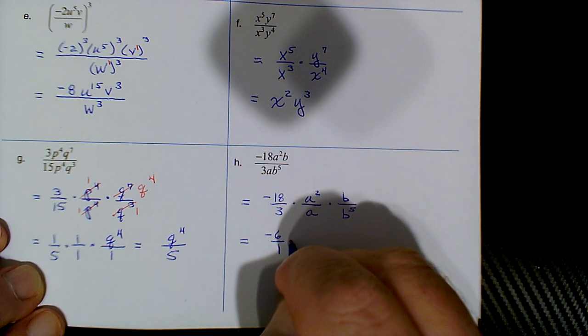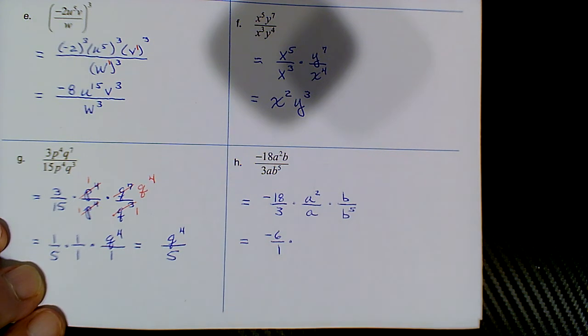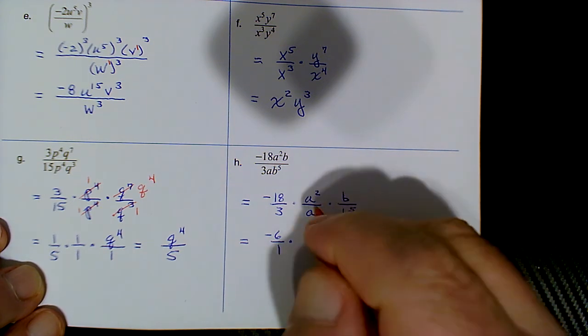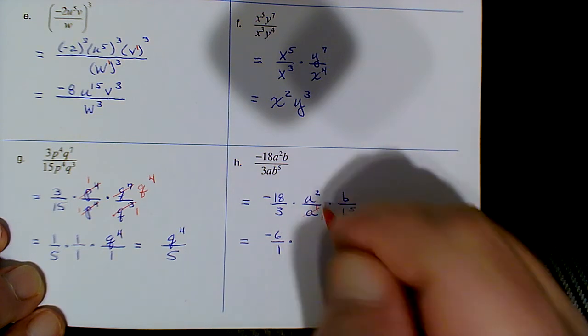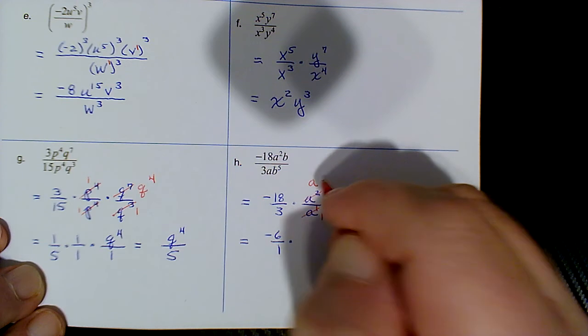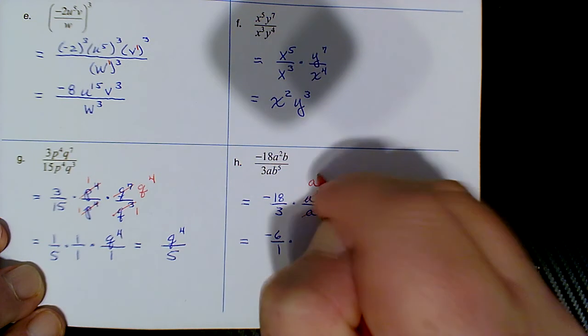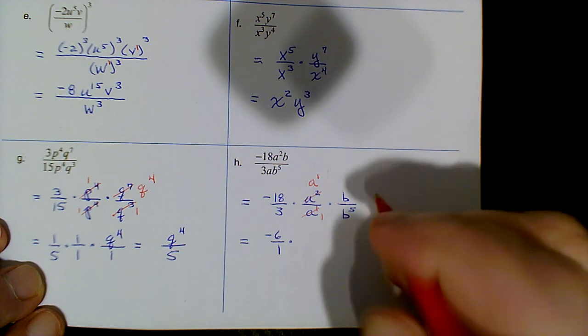Okay, now here, again, you can think about division of common bases, but I'm going to think about it in terms of cancellation, and I'm taking 1 factor of a away from 2 factors of a, so I'd be left with 1 factor of a in the numerator, or a to the first, and then thinking about b to the first and b to the 5th.